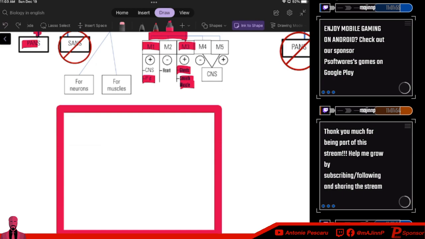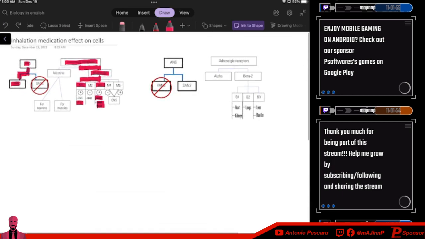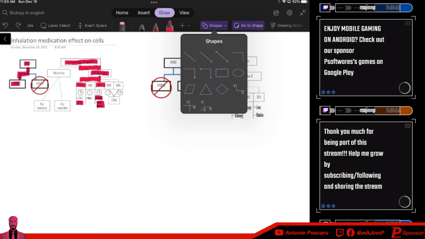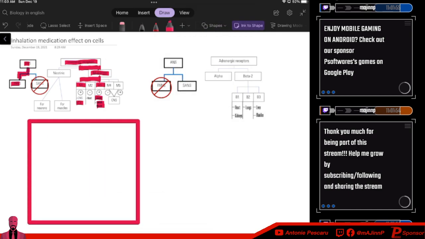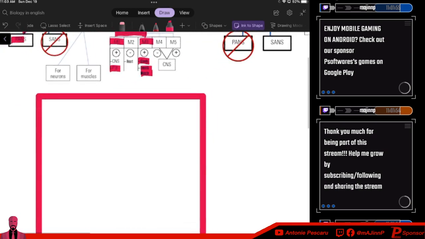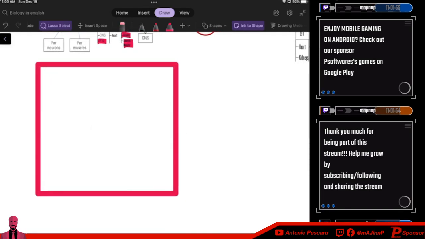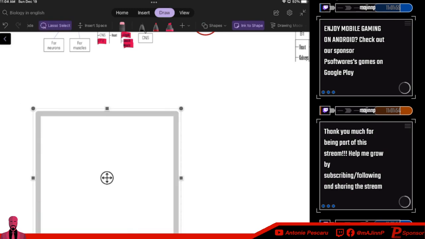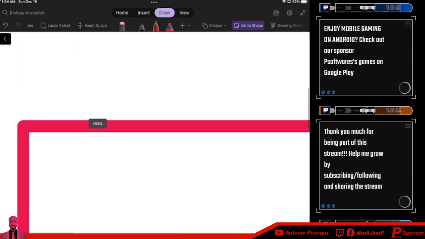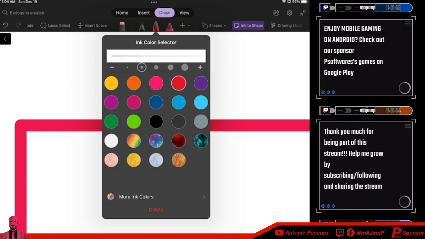Actually, I'm going to make it a little bit bigger. Oops, that's not my square. I think that's good enough. Hopefully that's enough space. So, as you can see, we're going to start off with my cell over here with the semi-permeable membrane.